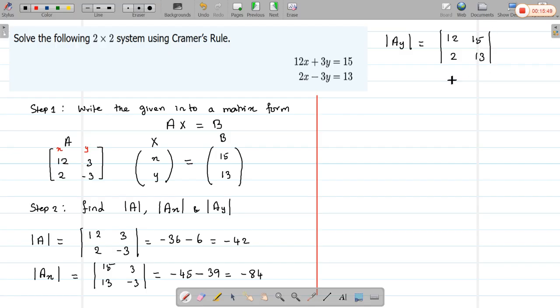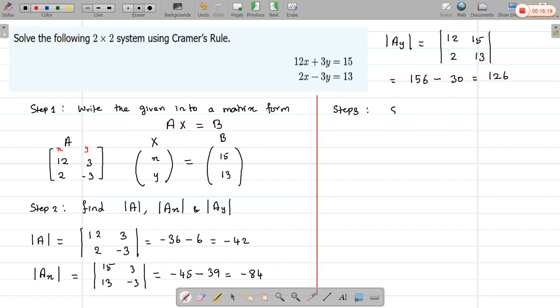Now you simplify this. 12 times of 13, 156, minus 12 times of 2 will give you 30. So all together will give you 126. Done. Right? Now the second step is over. We found A, AX and AY, its determinant.